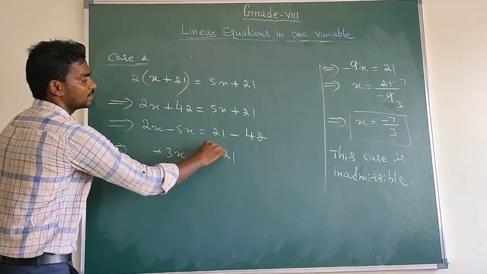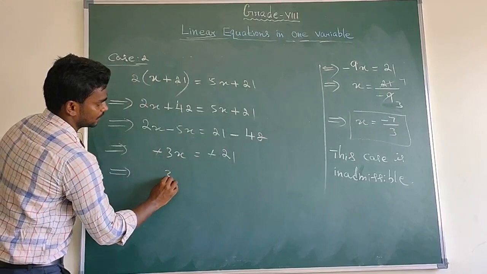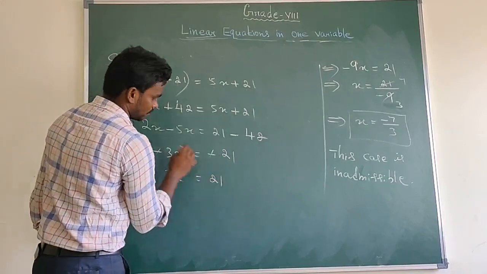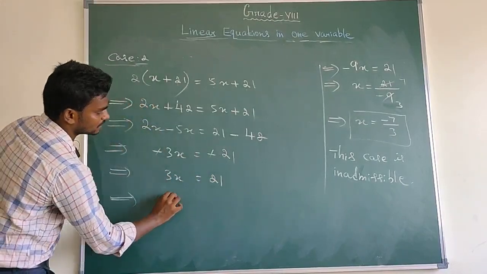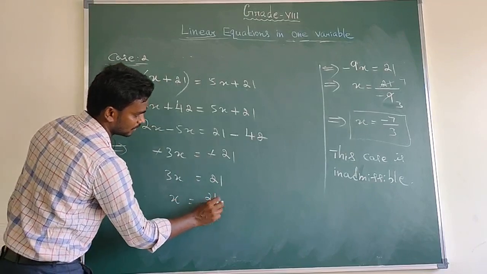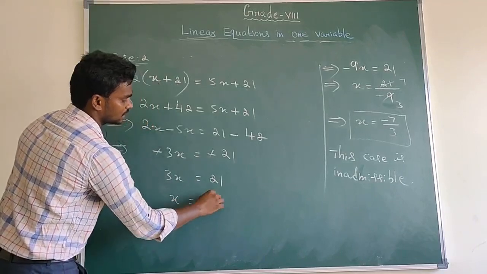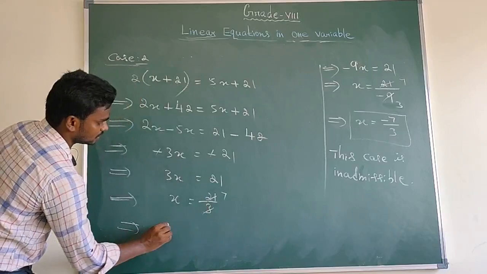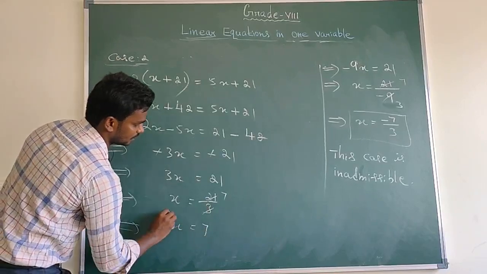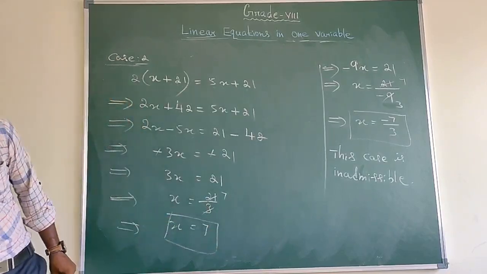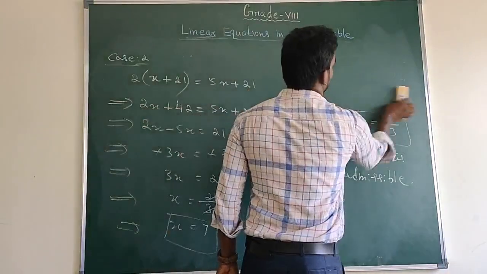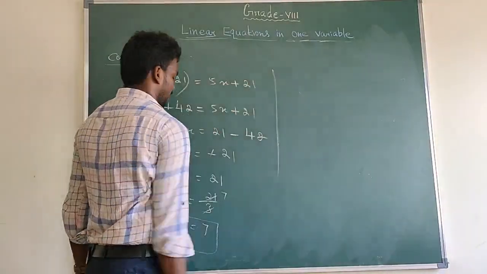So this minus and minus cancel, which implies 3x is equal to 21. So 3x is equal to 21 means what is the value of x is equal to 21 divided by 3. So 1 3s are 3, 7 3s are 21, which is equal to x is equal to 7. So x is equal to 7.